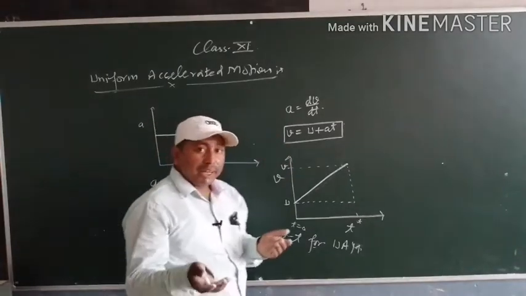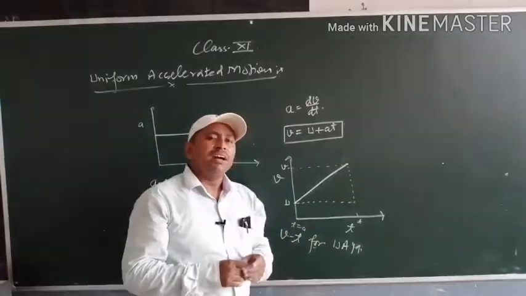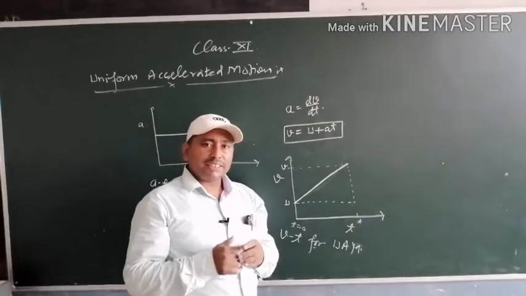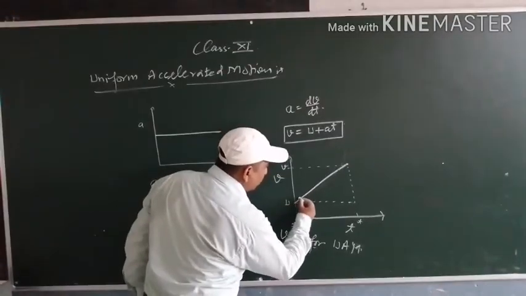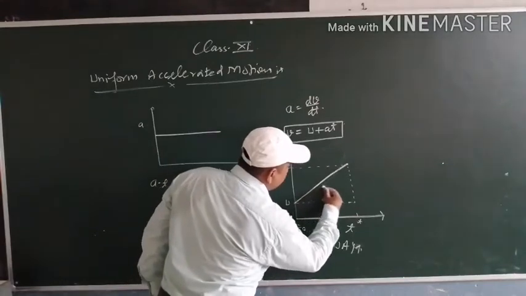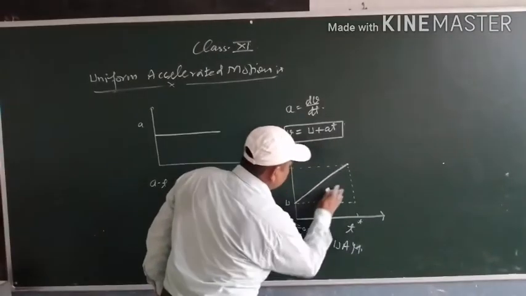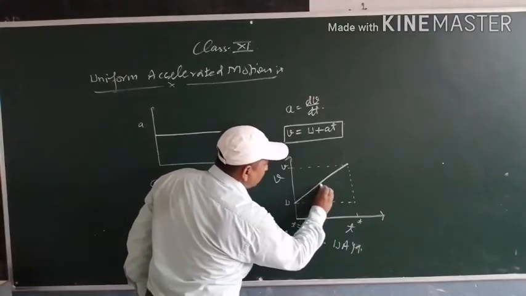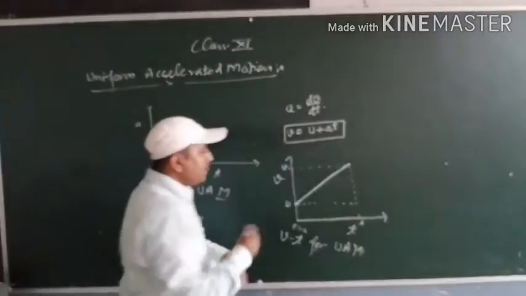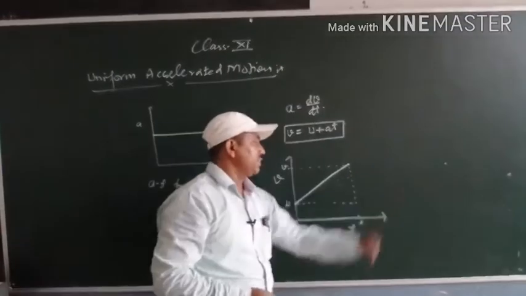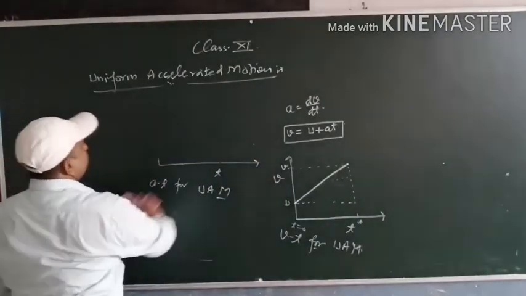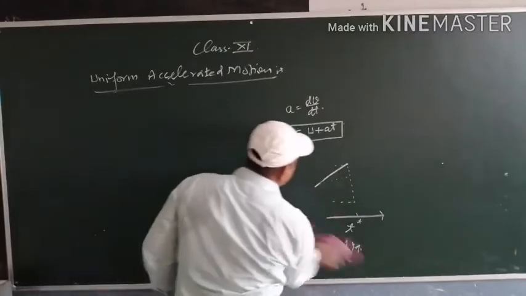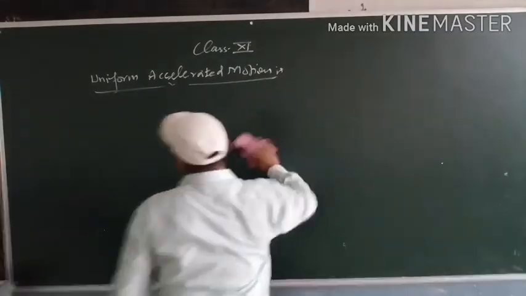But if the magnitude of the acceleration decreases continuously, then the slope of the graph decreases, and the velocity-time graph goes downwards, becoming parallel to the time axis. Okay, so this is all about uniform accelerated motion and the different types of numerical problems we have seen earlier.